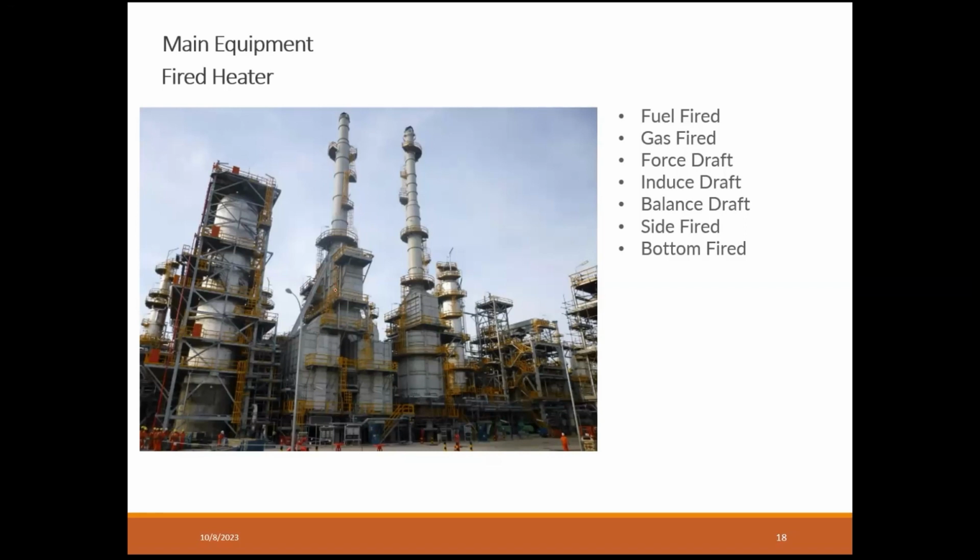So please don't get confused. We have a waste heat boiler, and we have a boiler. A boiler typically will be a lot bigger, especially in a cogen plant. It can be as big as a two-story house. It's very big. I hope I answered your question.